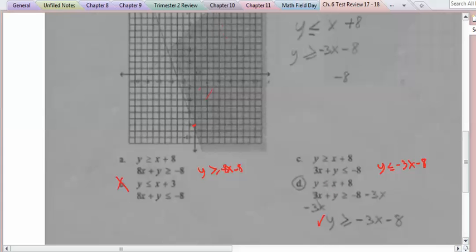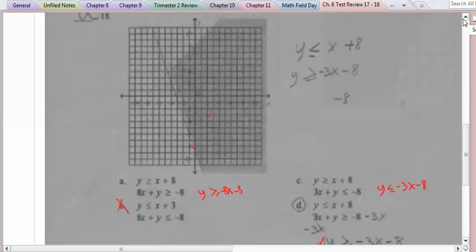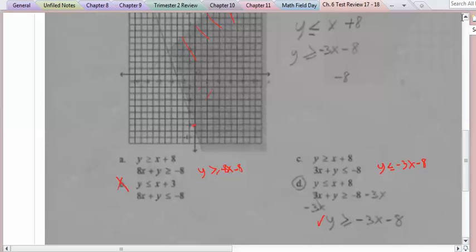And then we have a +8. I might have to move it up just a little bit. And that one has a slope of 1, and it's shaded below the line. So the shading is the key. The graph is there, the shading is the key, and that's how we got letter D. So those are a little bit more difficult. You kind of just have to really look at what you got there. I know it's hard to see, but do your best with them.